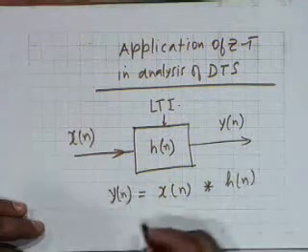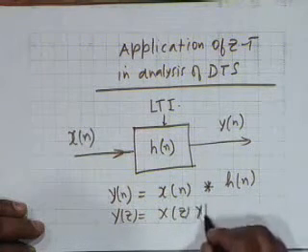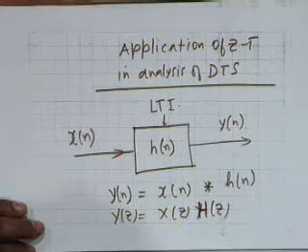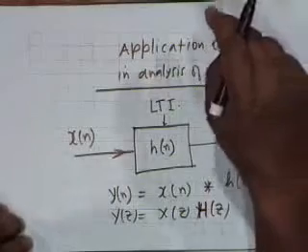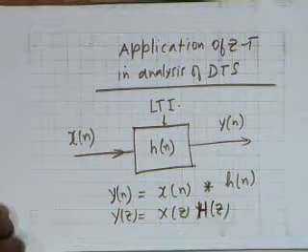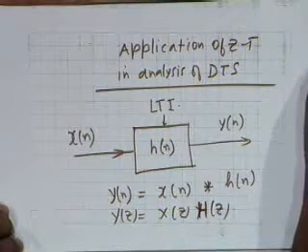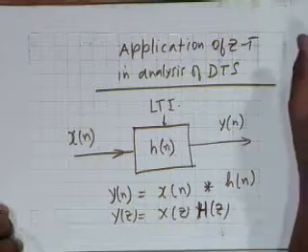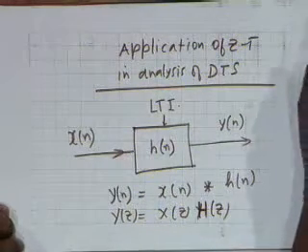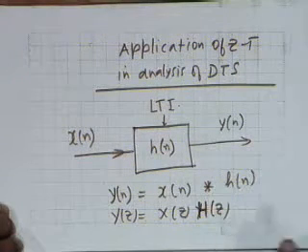By the convolution theorem we have capital Y of z equal to X of z times H of z, where the ROC obviously is at least the intersection of the ROC of capital X and capital H. The importance in linear system analysis is that instead of calculating the convolution in the time domain, many a time it is easier to simply take the Z transform of x of n and the Z transform of h of n, provided they are known or tabulated, multiply the two and then invert that Z transform.